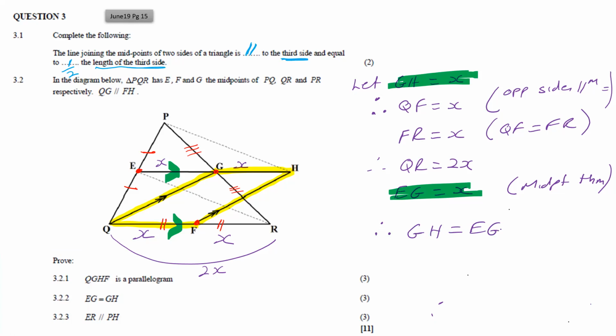Okay, the next question there is to prove that ER, and they drew that line, dotted line, is parallel to PH. So that is quite interesting for us to prove. Let's give you some time to think about it.